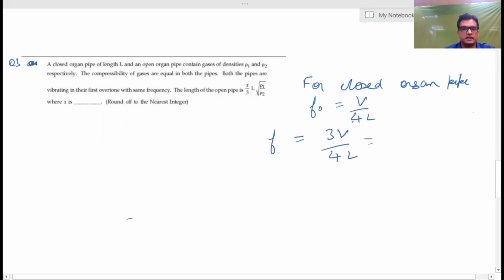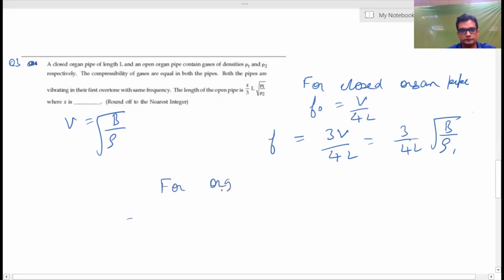Here we can say that v will be equal to under root B by rho, because velocity will be under root B by rho. So we can put the values: 3 by 4L into under root B upon rho 1. And for the open organ pipe, first overtone will be 2v dash by 2L dash. v dash will be the speed of wave in the open organ pipe, L dash is its length.